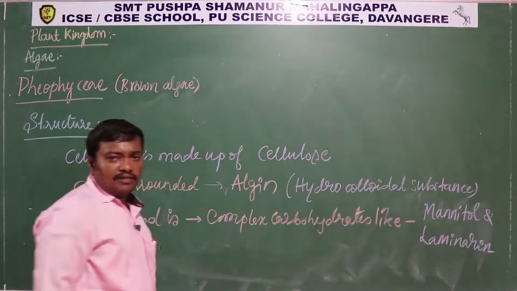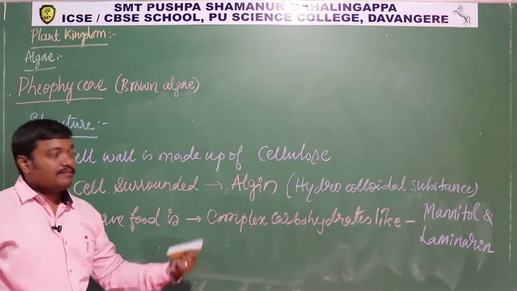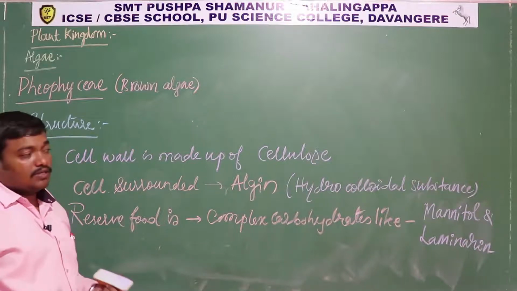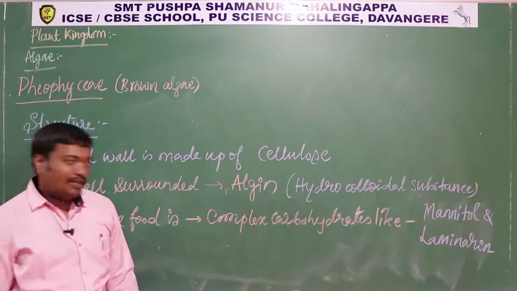These are the reserve food materials. In the case of Chlorophyceae members, the reserve food is starch. Here the reserve food is more complicated than starch, called mannitol and laminarin.